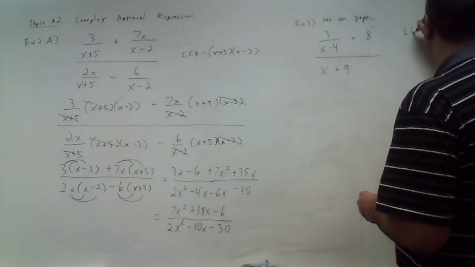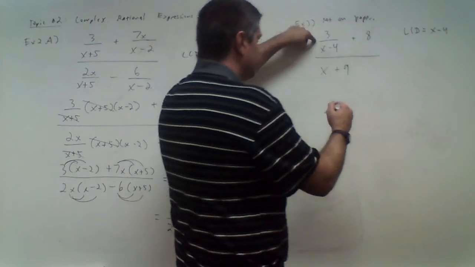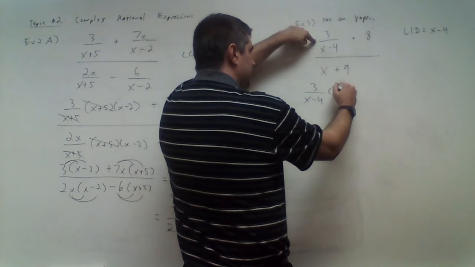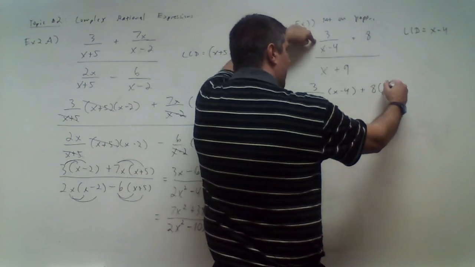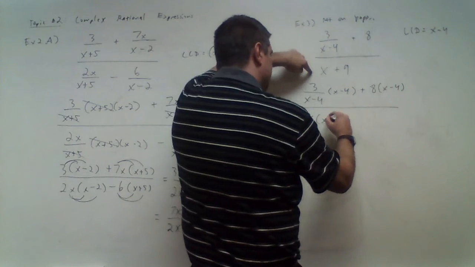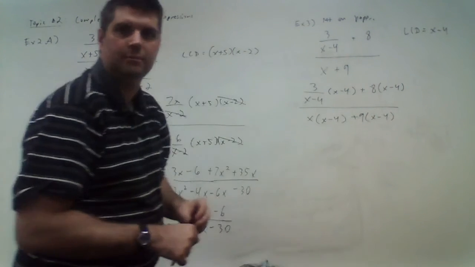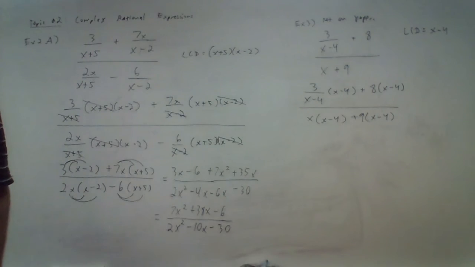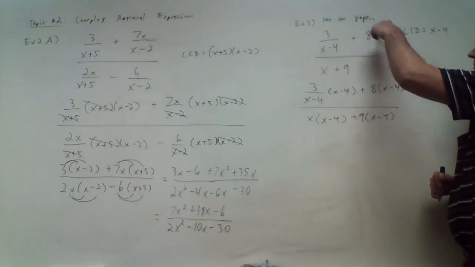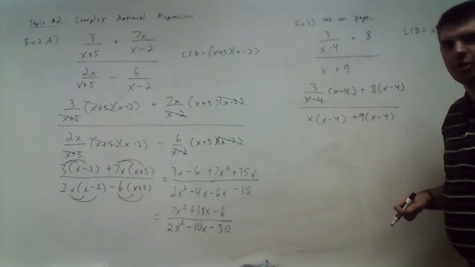So the LCD is x minus 4. So I will multiply everything by that x minus 4. 3 over x minus 4 times x minus 4 plus 8 times x minus 4 over x times x minus 4 plus 9 times x minus 4. So I multiply the least common denominator by this, by this, by this, by this. So my denominator cancels away, which is the whole point.